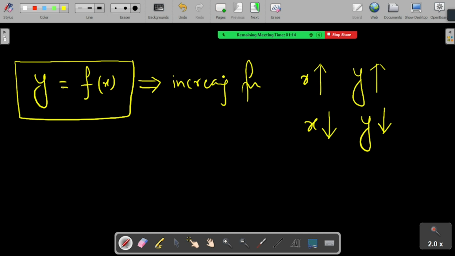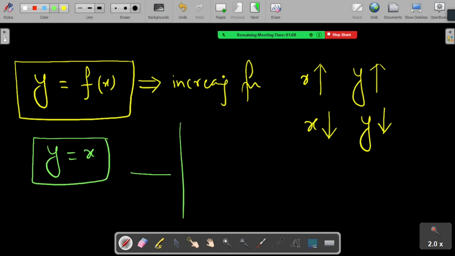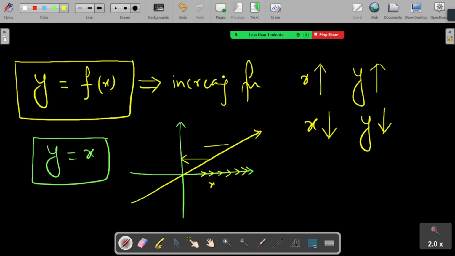A very simple example is y equals x. When you see the graph of y equals x, you will get a straight line. As you can see, when you increase x, y is also increasing.